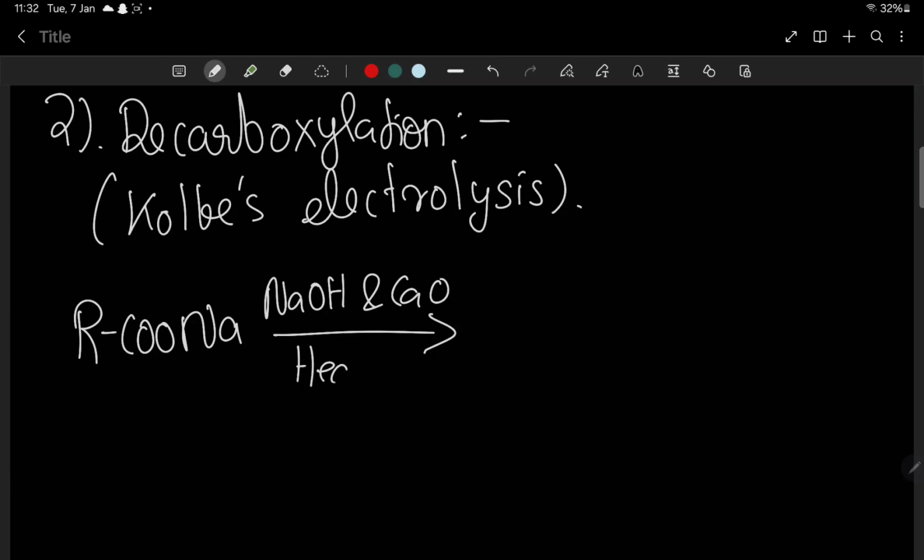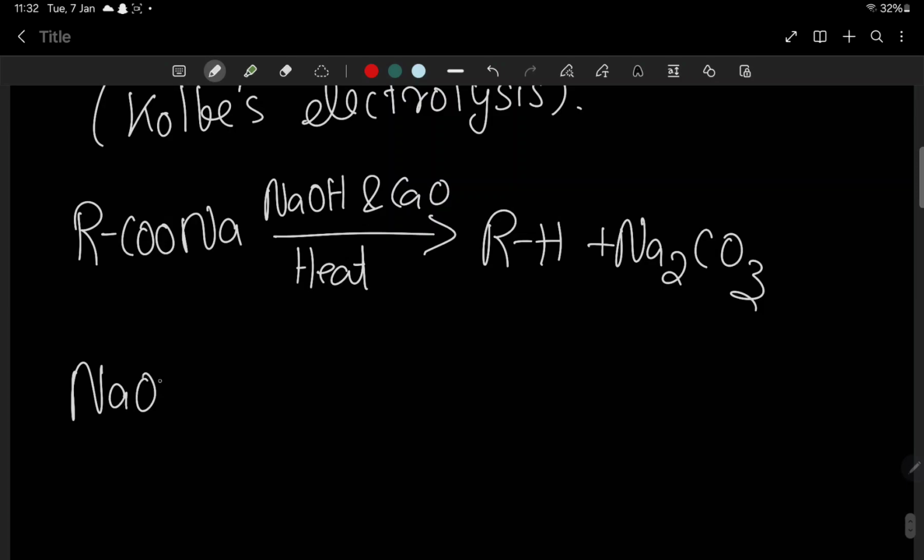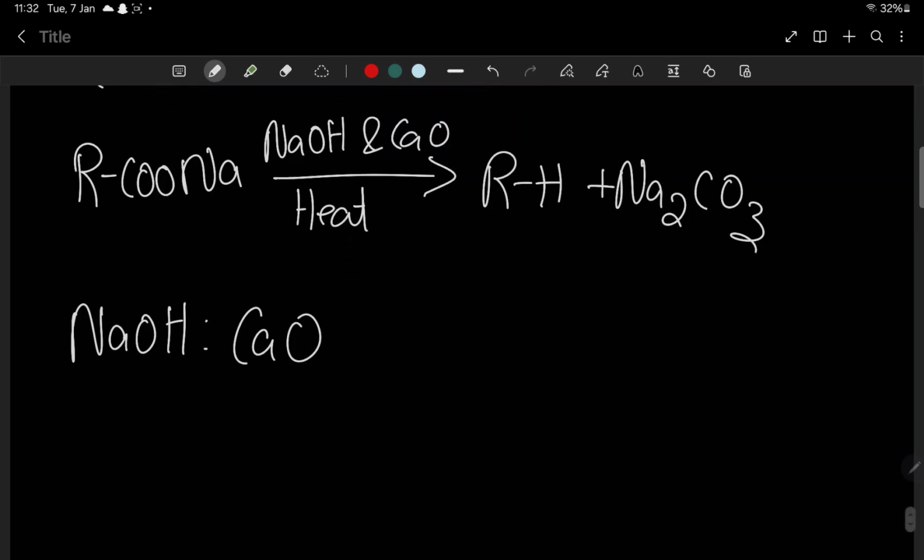We get corresponding hydrocarbon and Na2CO3. The important thing you can remember is that NaOH and calcium oxide are taken in a specific ratio. This is very important. 3:1.